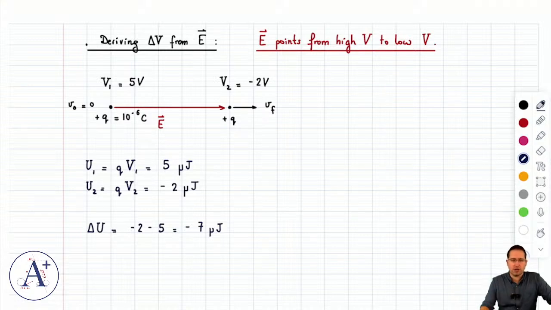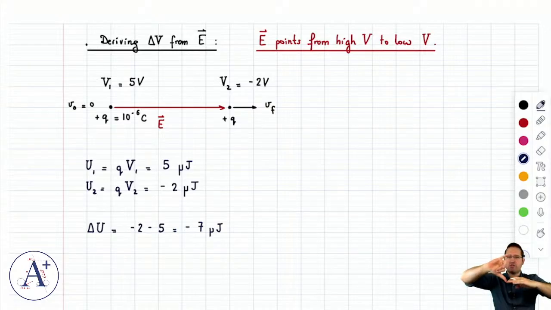Now, I wouldn't get caught up with this negative issue, because the fact that V is negative is relative to a reference. And a lot of the times, if it's not set for you, you can pick an arbitrary point as your reference. It's the same idea as MGH. If this is a table and you have a potential energy of 0 at the table, 5 joules above, well, you can fall below the table, and you can spend more than 5 joules.